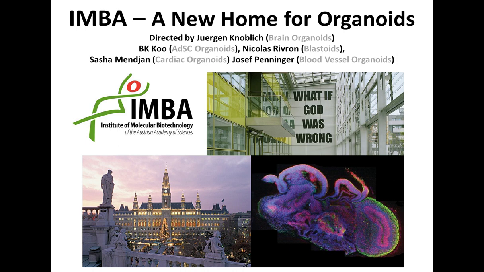I am a junior PI working on adult stem cell organoids, and I also have 3 other colleagues working on blastoids, cardiac organoids, and blood vessel organoids. So if there are young researchers who are interested in organoid biology, I would like to suggest thinking about joining our institute.